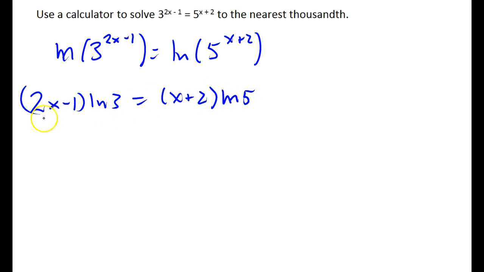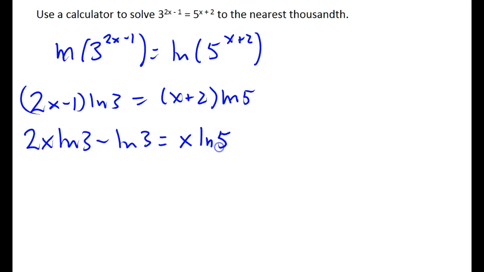Now I'm going to distribute the natural log of 3 on this side, so I have 2x natural log of 3 minus 1 times the natural log of 3. Let's distribute the natural log of 5 here, so I have x times natural log of 5 plus 2 natural log of 5. Let's get all of our x terms together on one side. So I'm going to subtract x natural log of 5 and add natural log of 3.